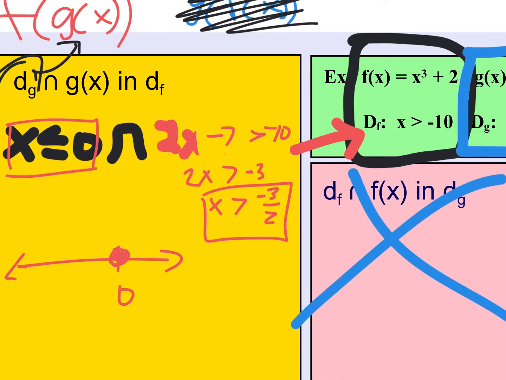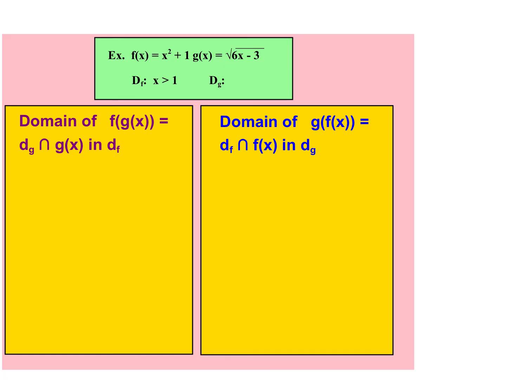And then here's negative 3 over 2. You could say negative 1.5, which would be better. And then I have an empty circle, and I'm shading bigger than that, so there we go. Raise your hand if you had that one right. Awesome. Okay, feeling like you've got those down, so we can even go over this next one, which is more practice on that, because I think you got this.